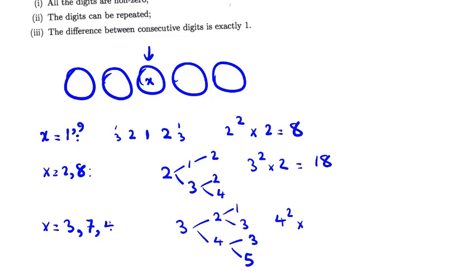You multiply it by 5. It will be 16 times 5, which equals 80. And if we add up all these numbers, 80 plus 18 is 98. 98 plus 8 is 106. So the answer equals 106.